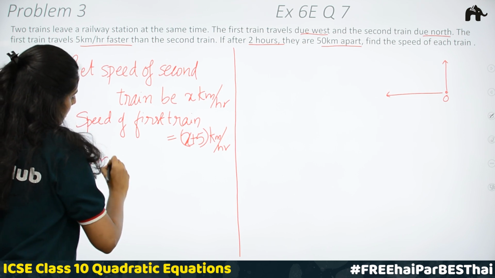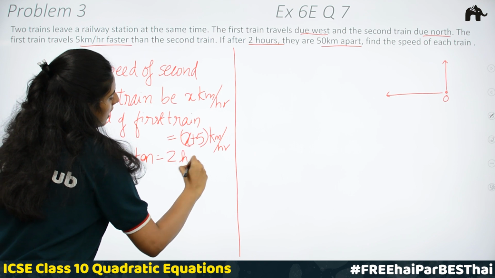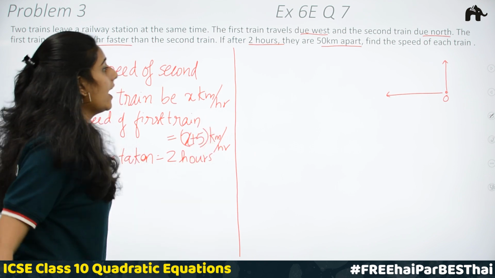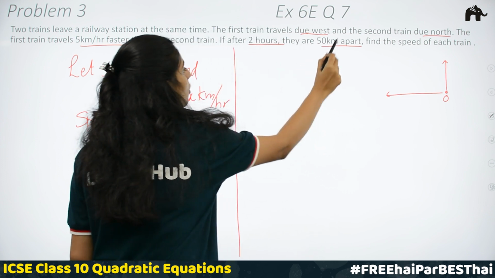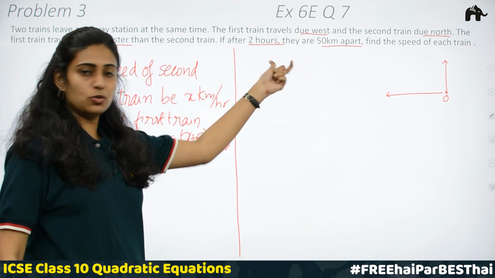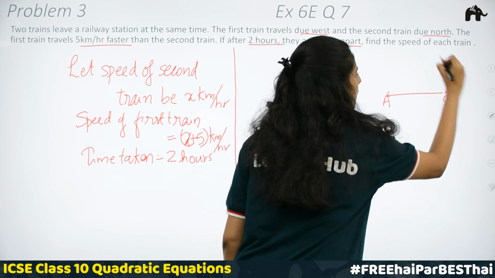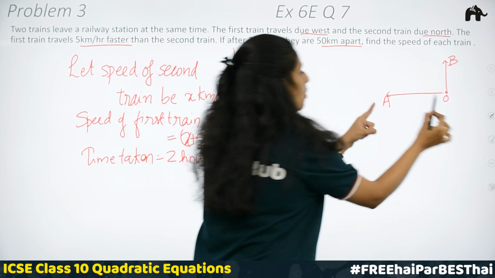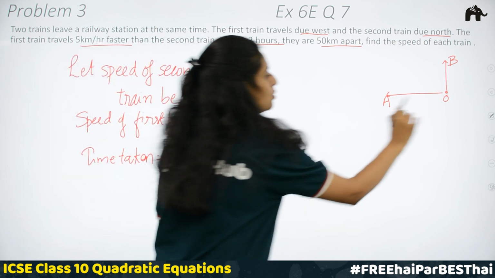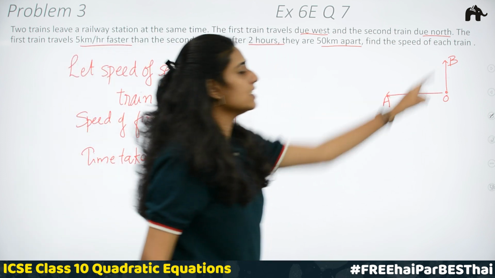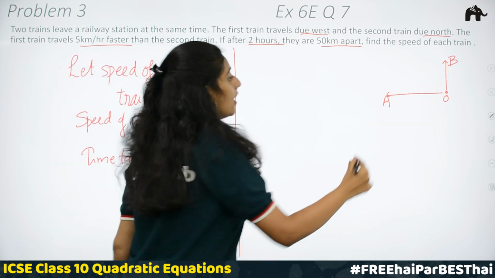Time taken is equal to 2 hours. And also it is given that they are 50 km apart after 2 hours, which means let this point be A and this point be B. OA is the distance travelled by the first train in 2 hours and OB is the distance travelled by the second train in 2 hours.